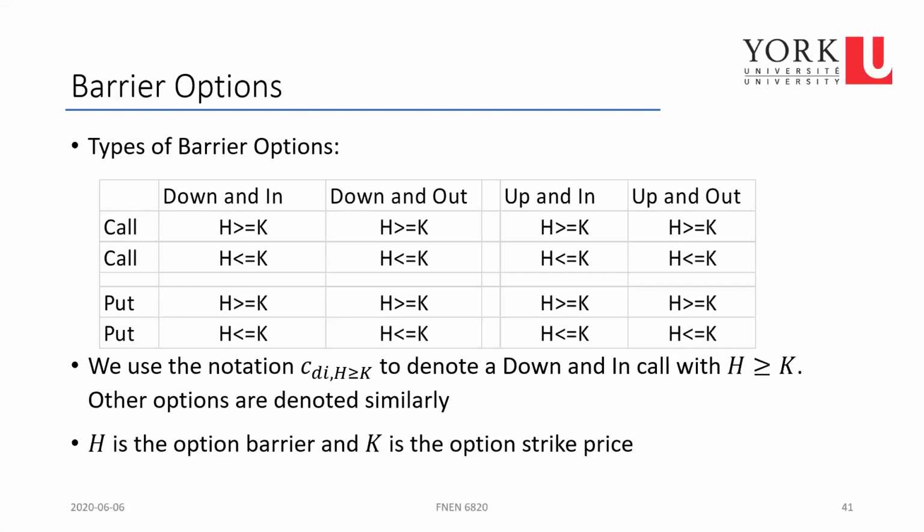Here you can have a DI or a DO. Here you can have H greater than or equal to K or H less than or equal to K. If it's up and in, it will be UI, and up and out will be UO.